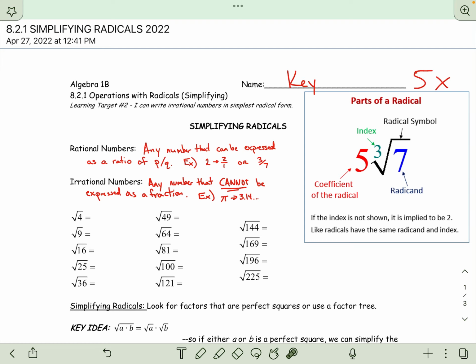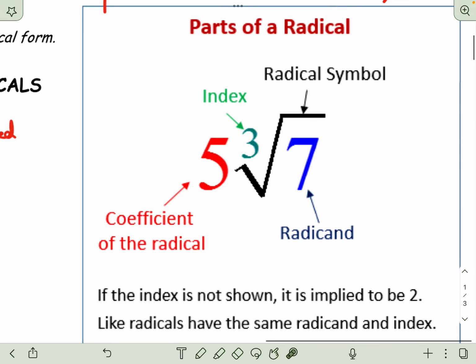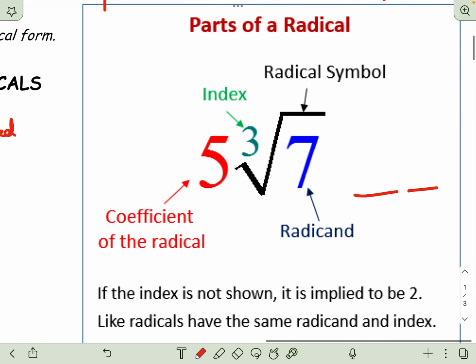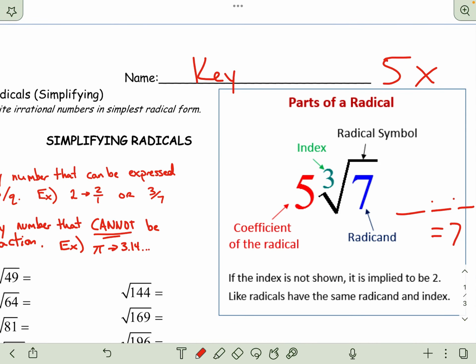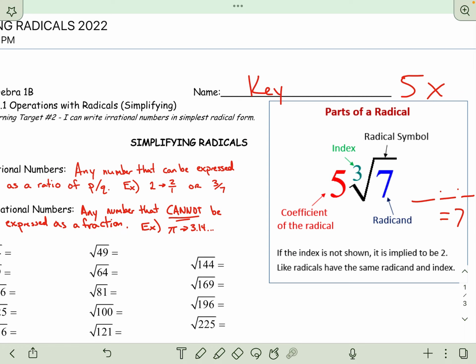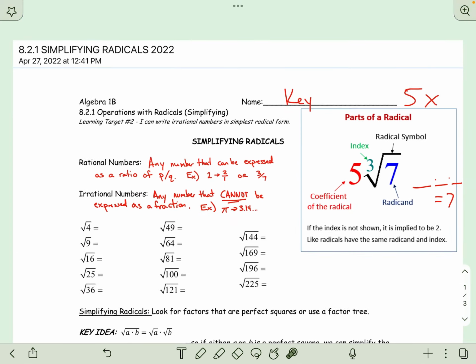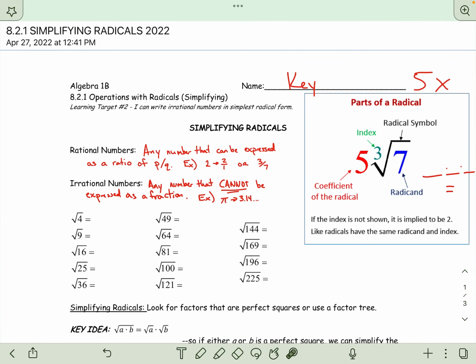So instead of saying the square root, it's a third root, which means what number times itself 3 times would give you 7. That's what the third root of 7 means. If it's not shown, if there's no index, then it's implied that it's 2. So you can just assume that it's the square root instead of the third root or fourth root or whatever.